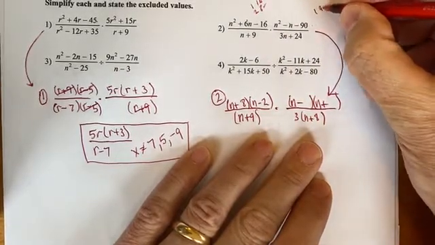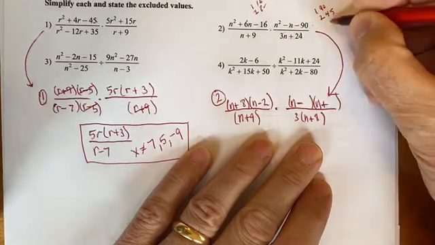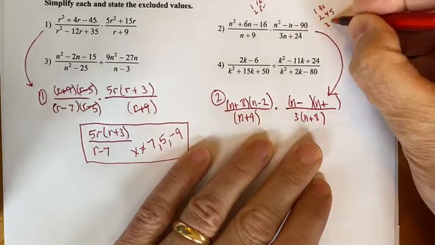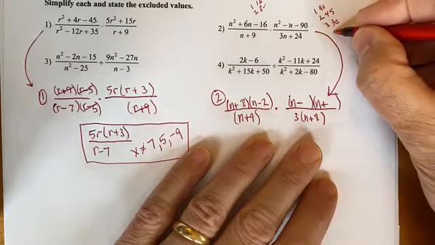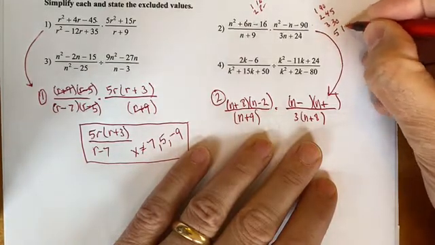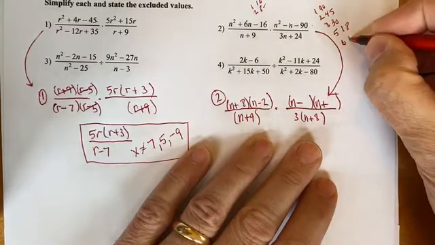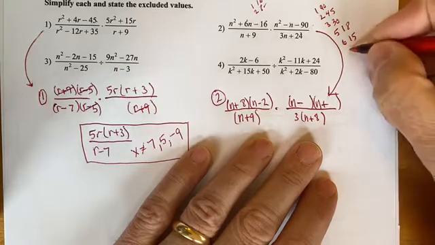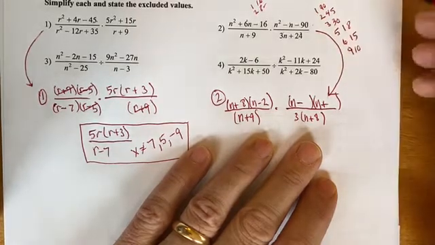1 and 90, 2 and 45, 3 and 30, 4, no, 5, sure, 5 and 18, 6, definitely, 6 and 15, 7, no, 8, no, 9 and 10. And of course, it's 9 and 10.